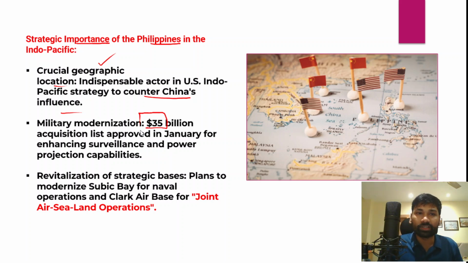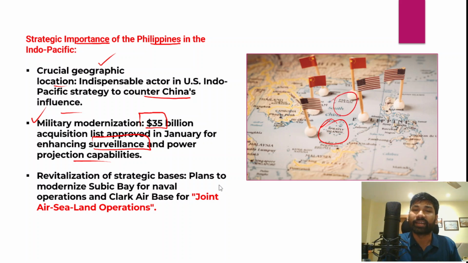And after that, in recent times, there were also attempts at military modernization, with a $35 billion acquisition list that was approved in January for enhancing surveillance and power projection capabilities on the part of the Philippines to further face the challenge posed by Chinese assertiveness and aggression in the South China Sea, right? So you can see the Spratly Islands, Paracel Islands.